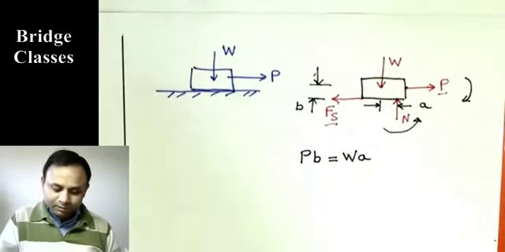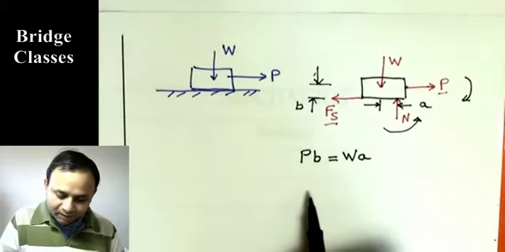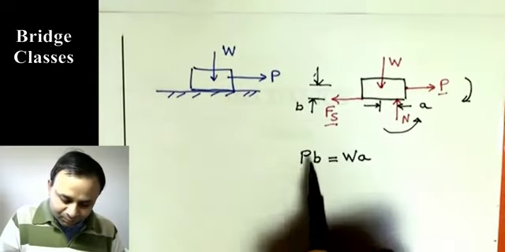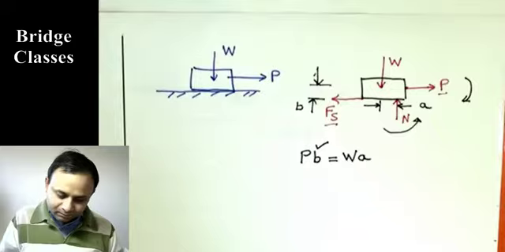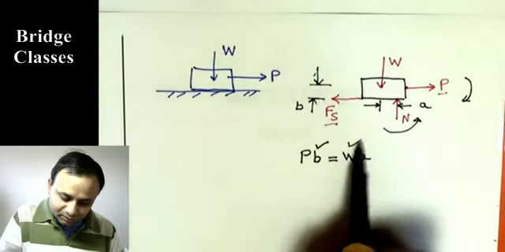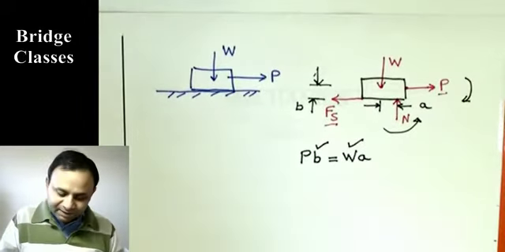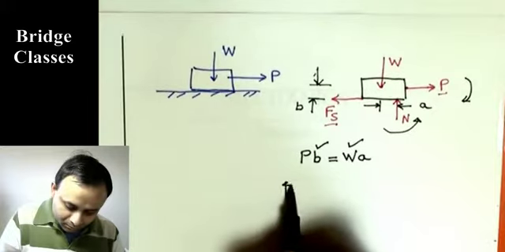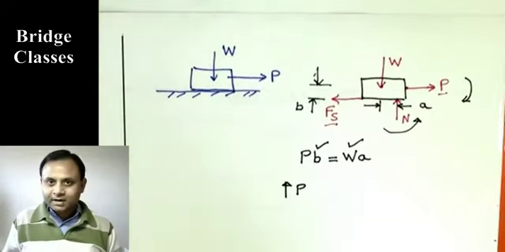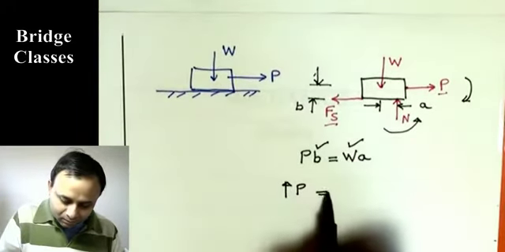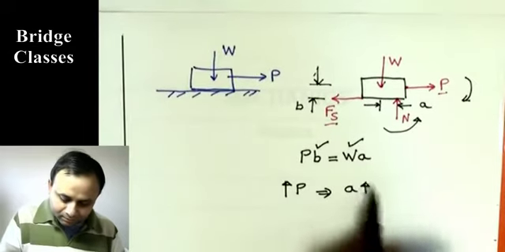Now what happens, see, B is a constant, W is a constant. What happens as we increase P? As we increase P, then A increases.